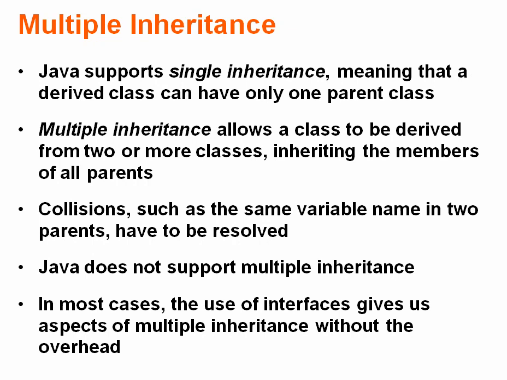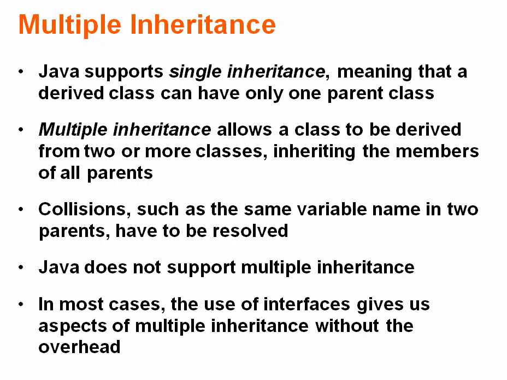In this slide, I mentioned in the first point that Java supports single inheritance, meaning that a derived class can have only one parent class. In the case of multiple inheritance, there is more than one parent class used with the derived class.